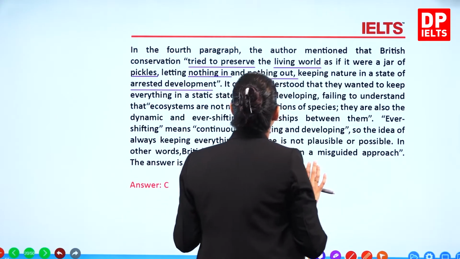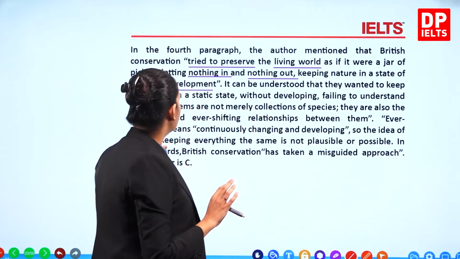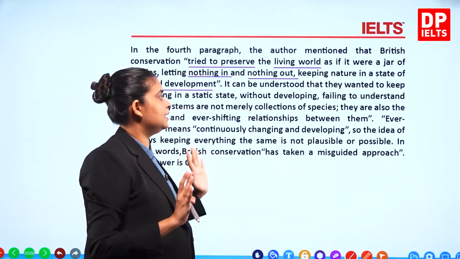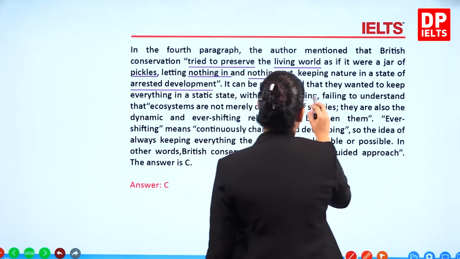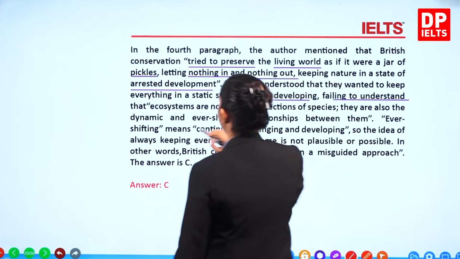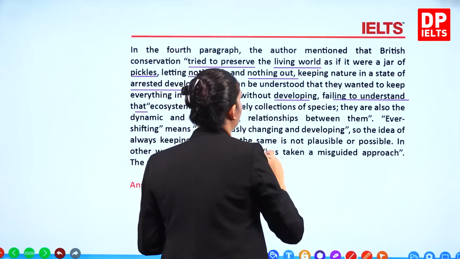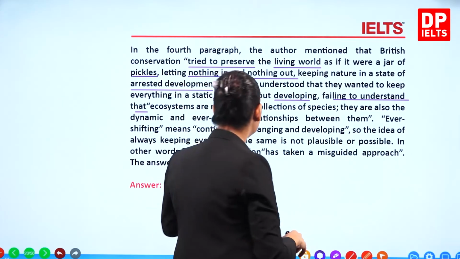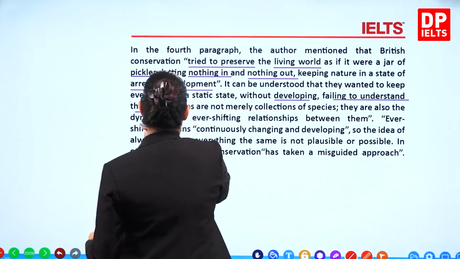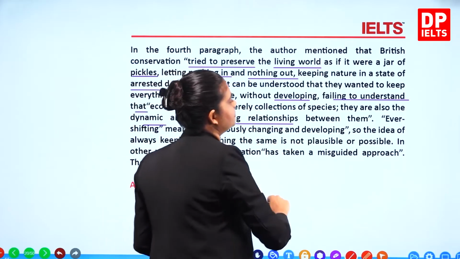So, it can be understood that they wanted to keep everything in a static state without changing it, without developing it, failing to understand that ecosystems are not merely collections of species, right? They are also dynamic and they have ever-shifting relationships between them.